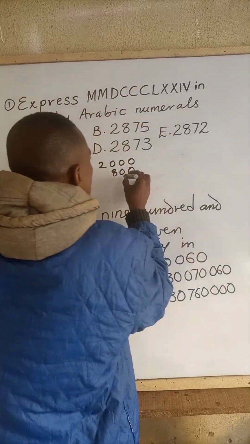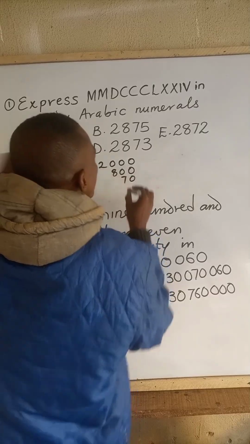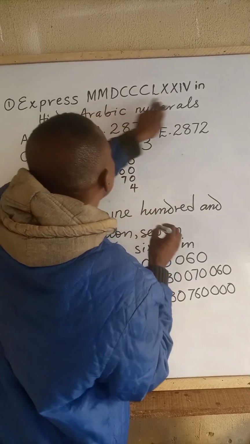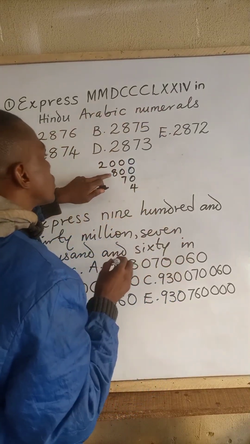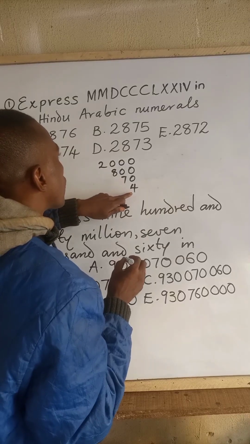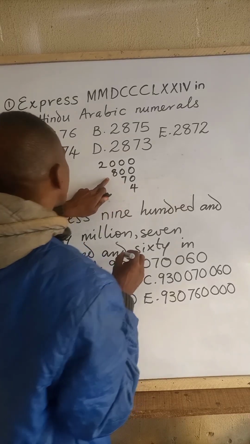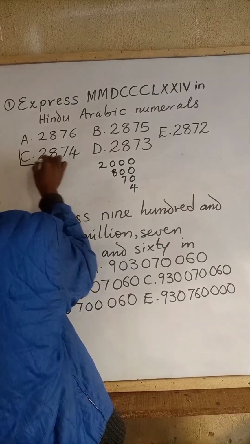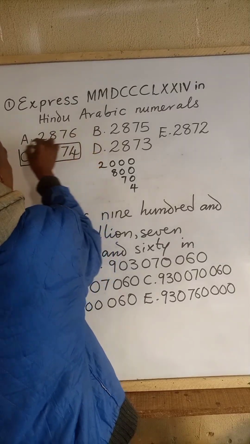LXX is 70. IV is 4. So what this thing means is 2874. That is option C.